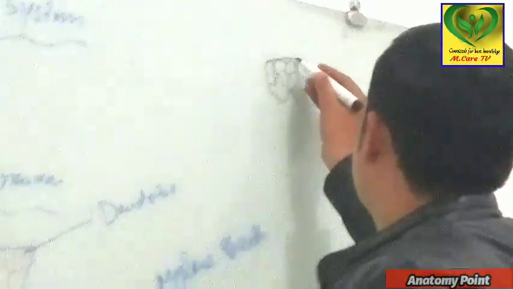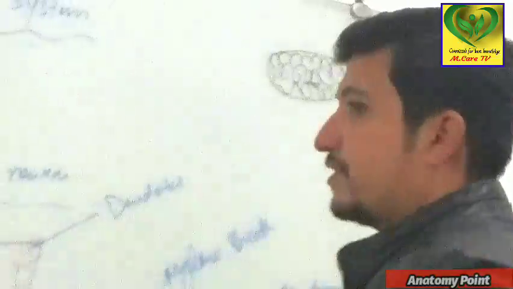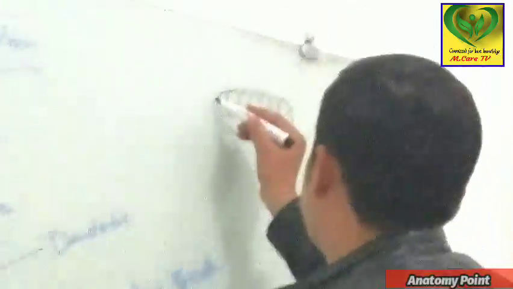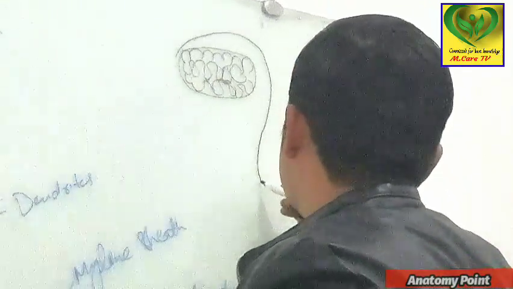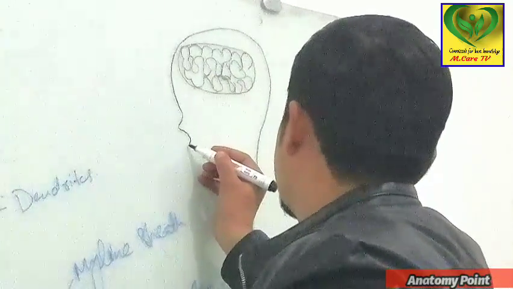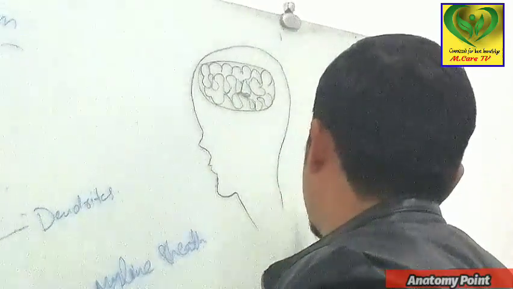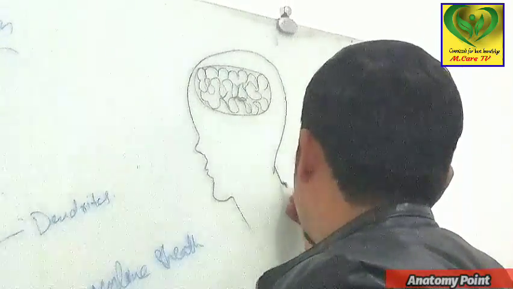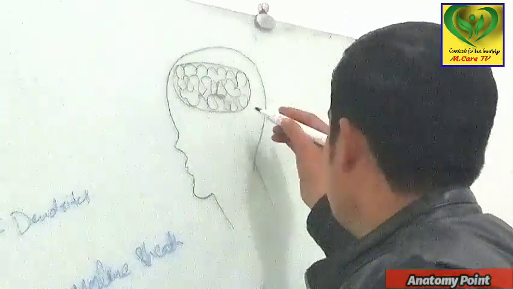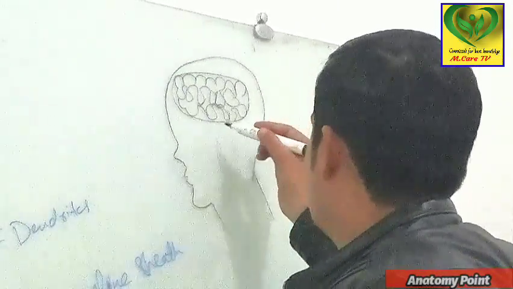So the brain is just like this. There are many convolutions of the meninges of the brain. Then if we draw an imaginary head of a person, say for example, this represents a brain. And these are the hemispheres, the cerebral hemispheres.